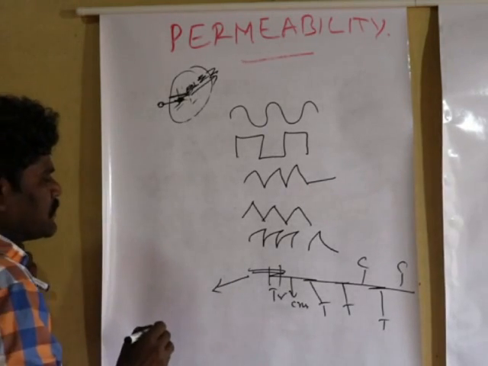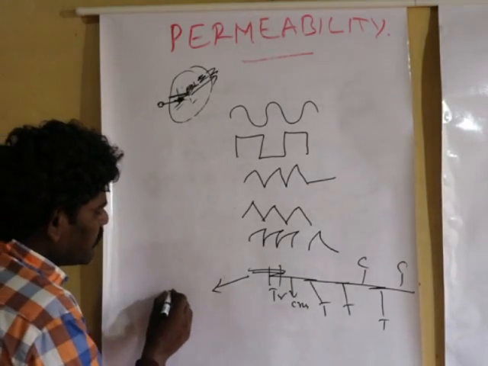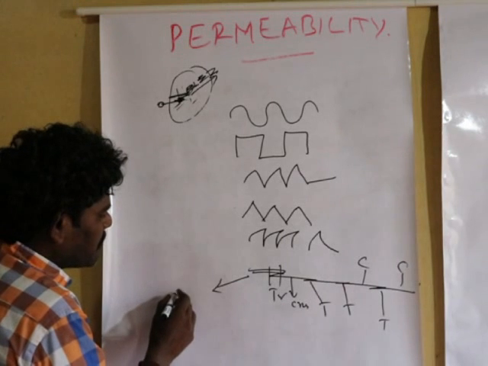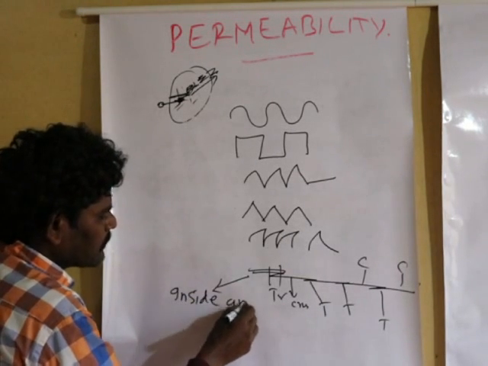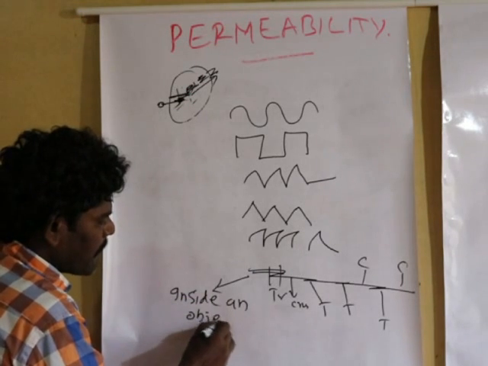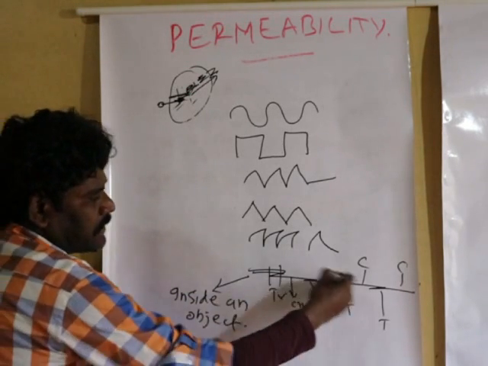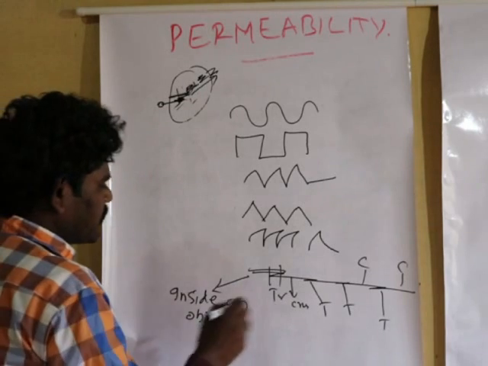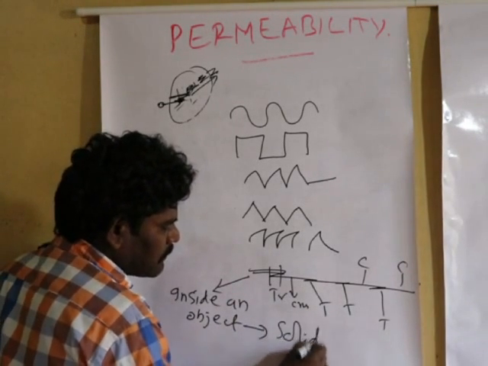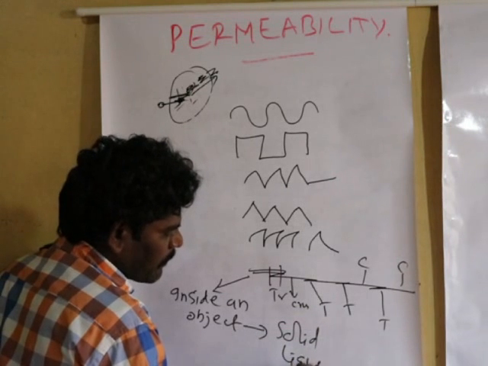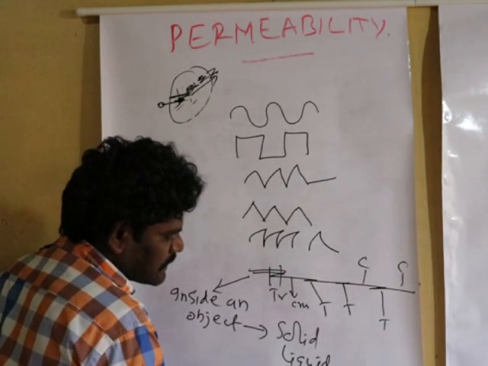This kind of energy transfer, crest and trough, is possible inside an object. The type of object may be solid, liquid, or gases.